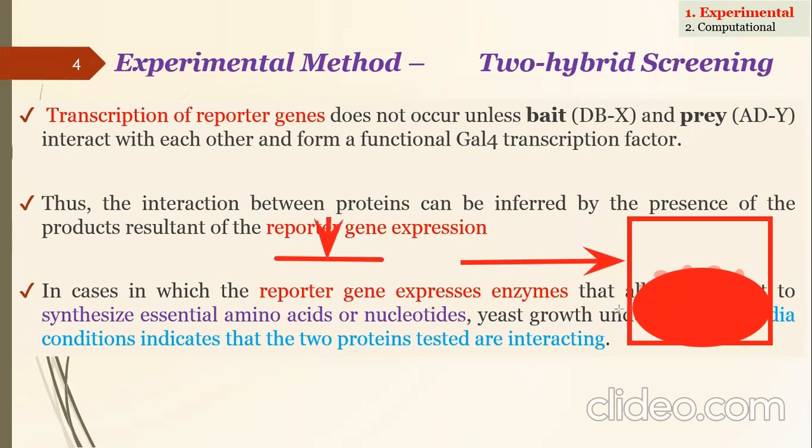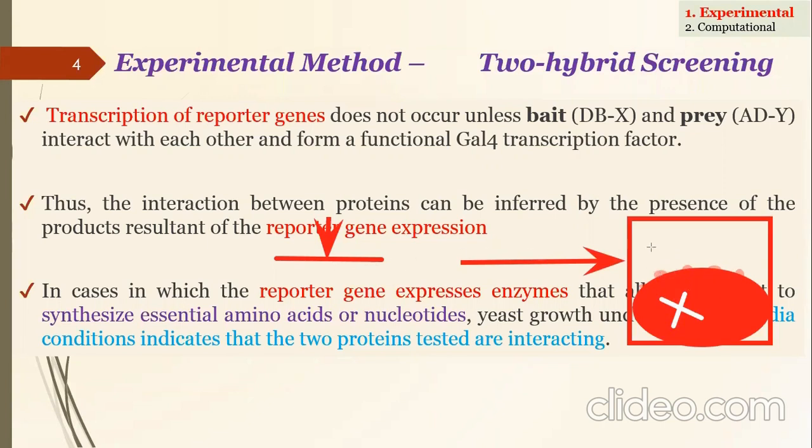So we will not add that amino acid to the media. When we do not use that specific amino acid in the media, these cells will need to produce that very specific amino acid themselves. Okay? And the reporter gene is for that.